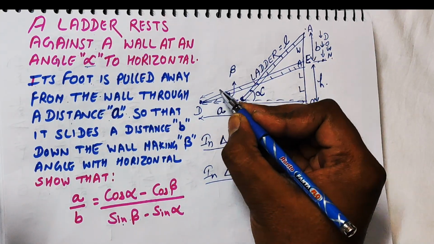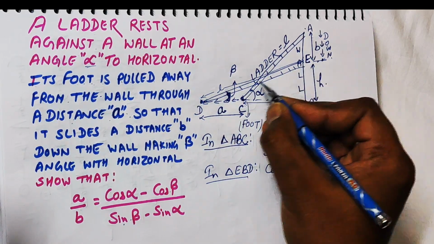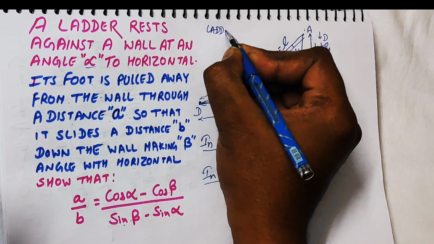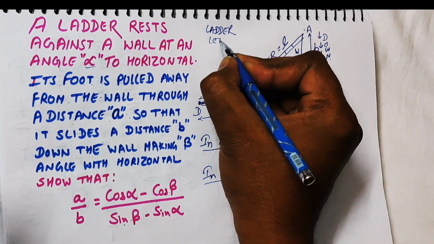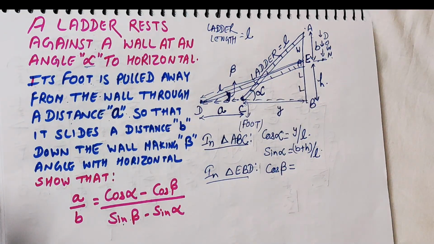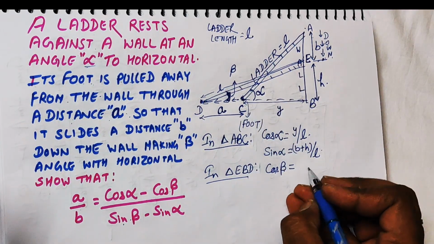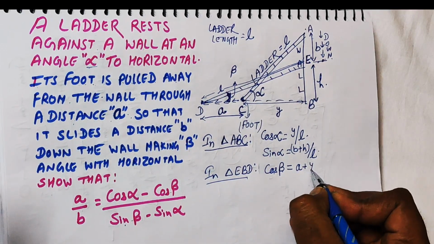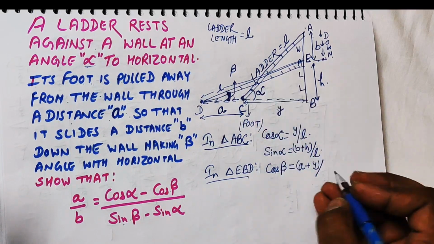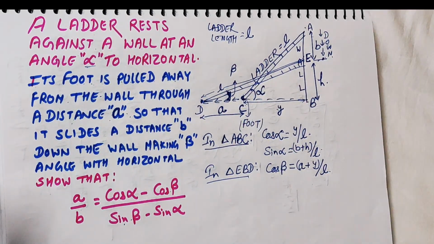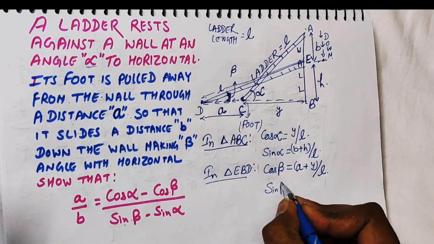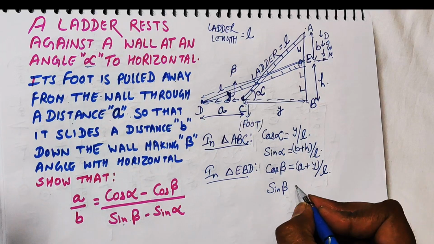And not height, it's hypotenuse, it will be L. So cos beta will be A plus Y by L. Since the ladder length is constant, the hypotenuse is always constant, capital L. So in triangle EBD, we can say cos beta is A plus Y by L, because A plus Y is the total base after skidding, and L, the length of the ladder, is always constant.